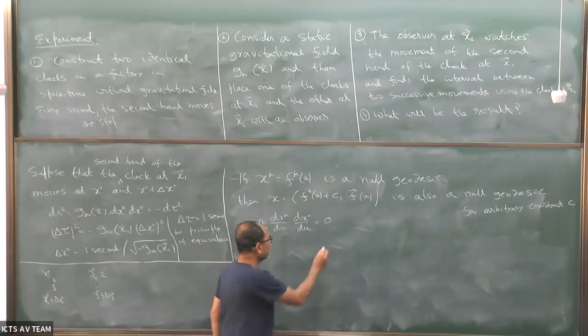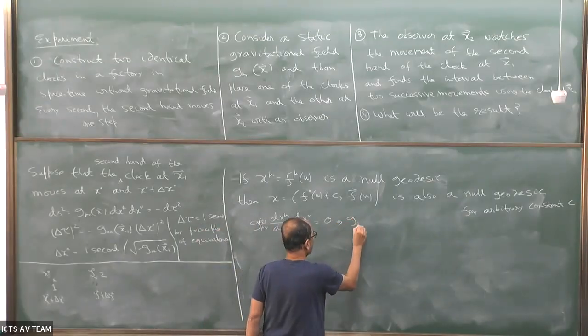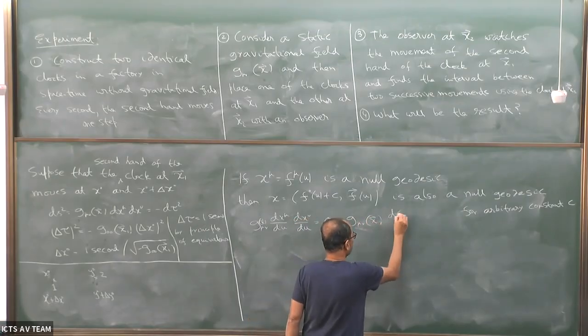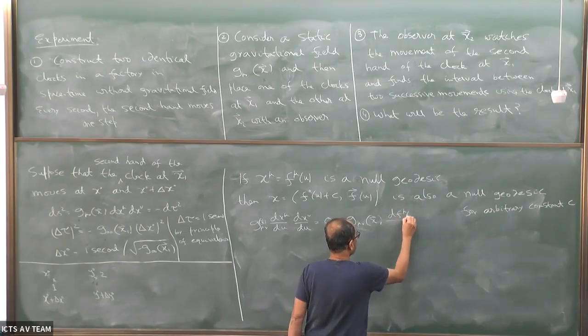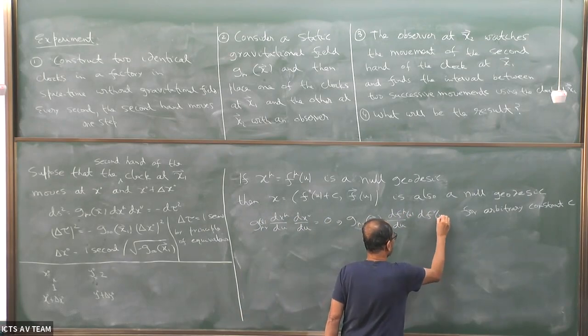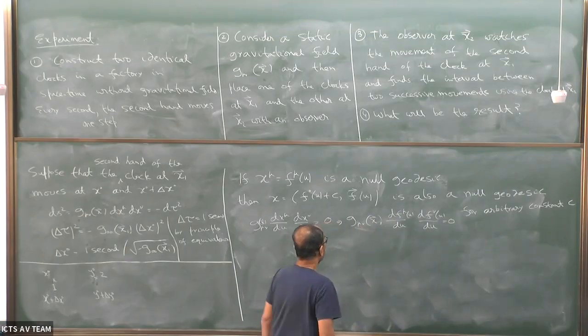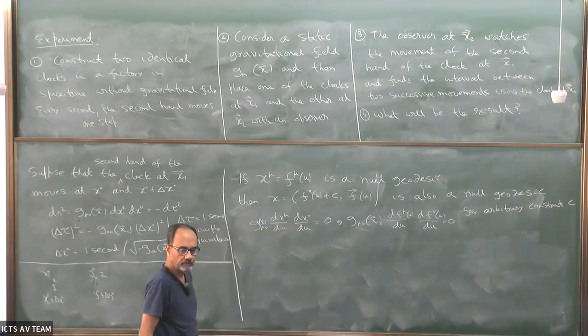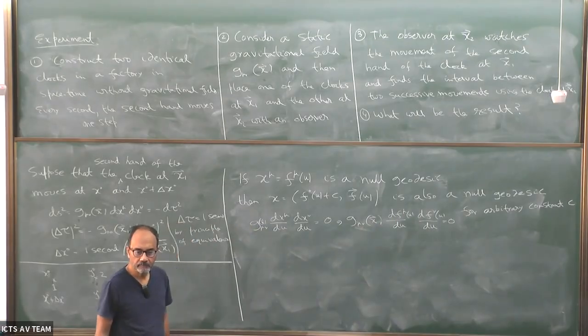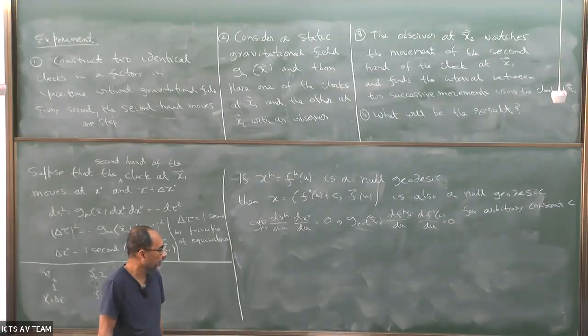So this means that g_μν(x) df^μ/du df^ν/du equal to 0. Yes, indeed. Okay, this statement is valid only for that case.